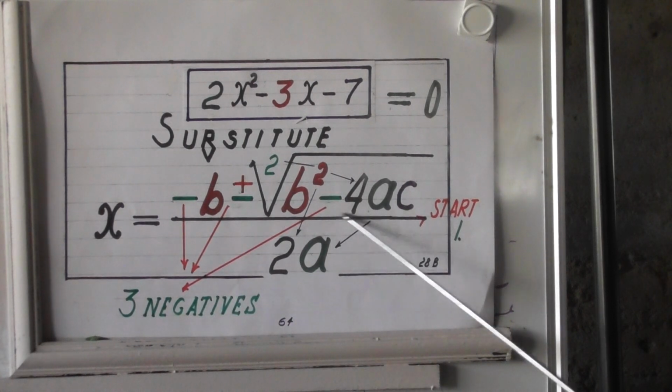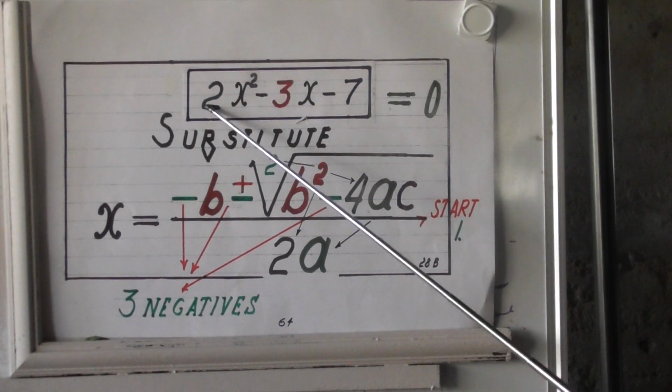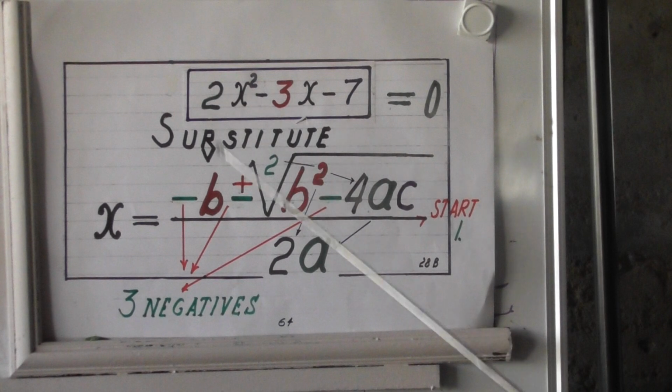X line, square root symbol. Let's see what goes underneath. There's a way to remember it. Twice this one. 2a.